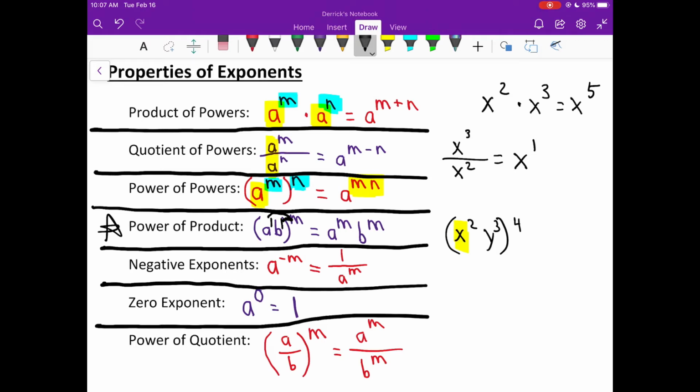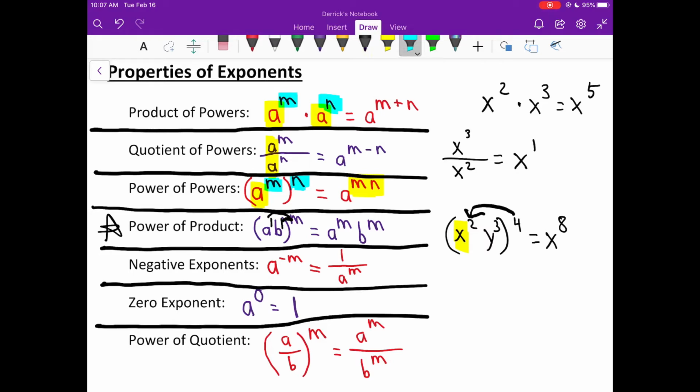And as we just learned from our power of powers property, if I have two exponents that are both going to the same base, I'm supposed to multiply those exponents together. So if both the 2 and the 4 exponent are going to x, that means I need to take 2 times 4 to give me x to the 8th.